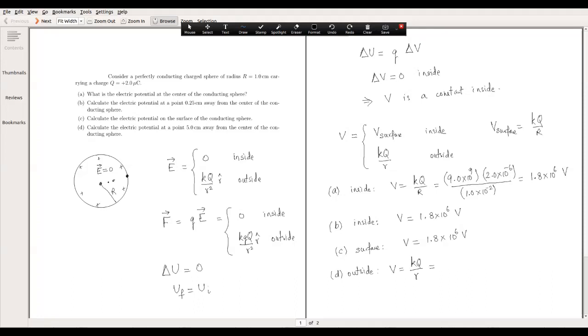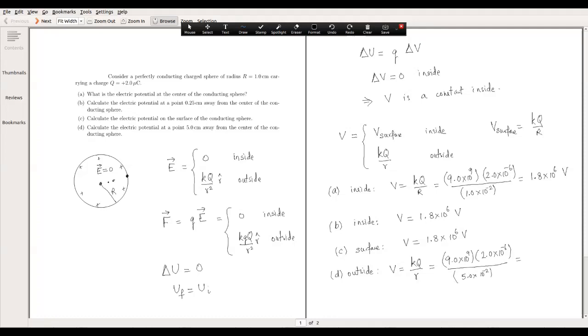So this will be 9.0 into 10 raised to 9, the charge is 2.0 into 10 raised to minus 6, divided by the distance, which is 5.0 into 10 raised to minus 2.